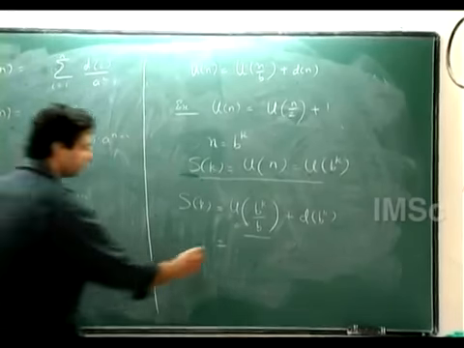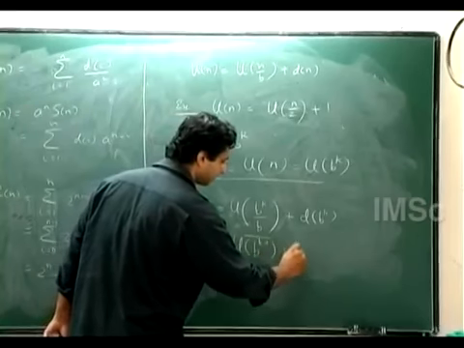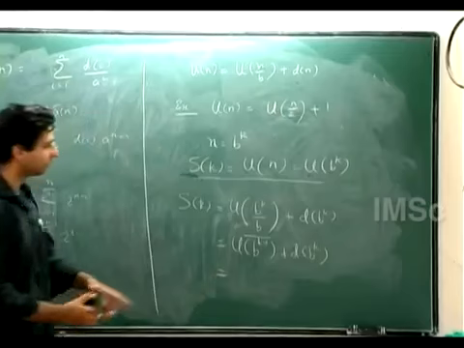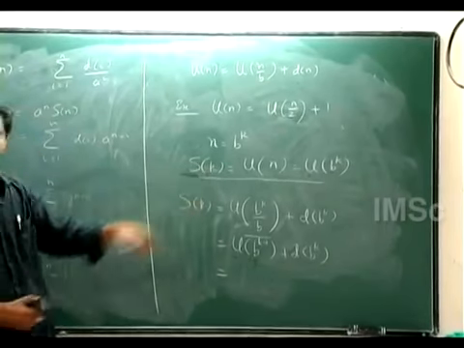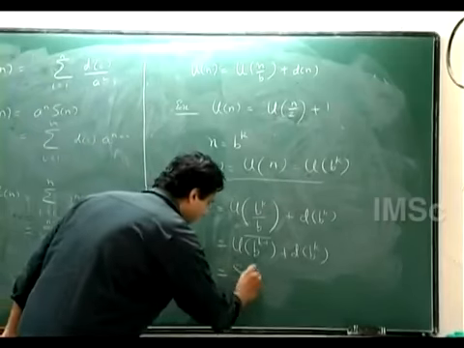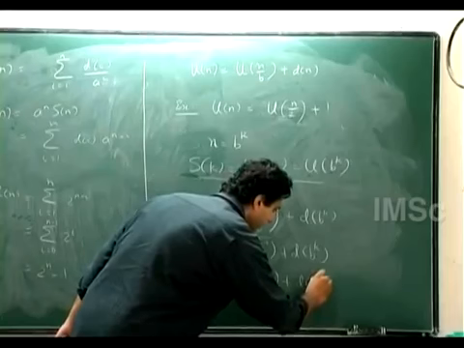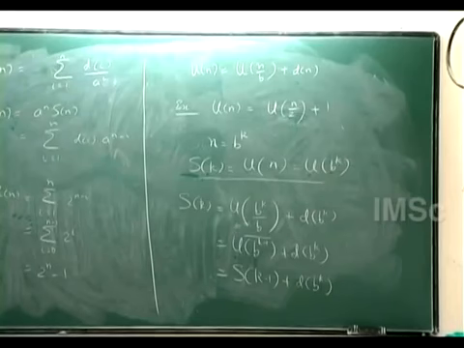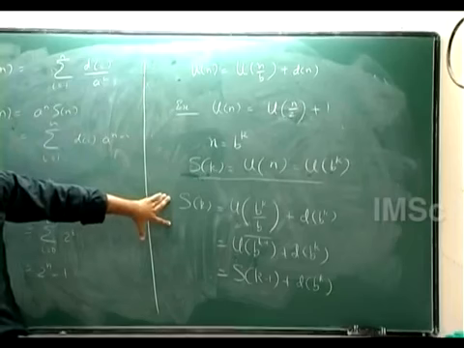That is u of b raised to k minus 1 plus the driving function. And by definition, u of b raised to k minus 1 is just s of k minus 1. So we have reduced our original recurrence to the fundamental recurrence.